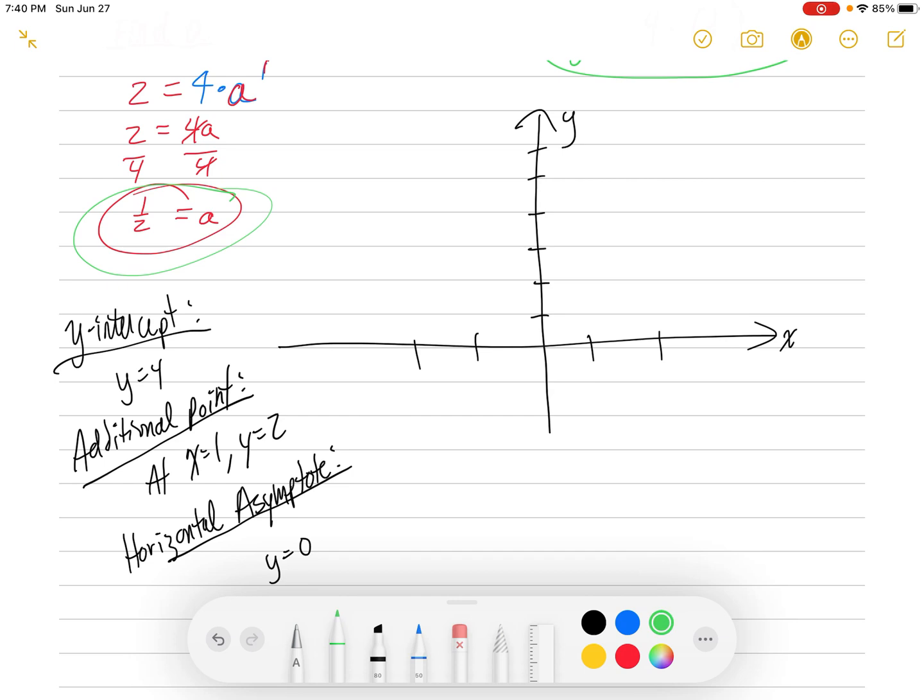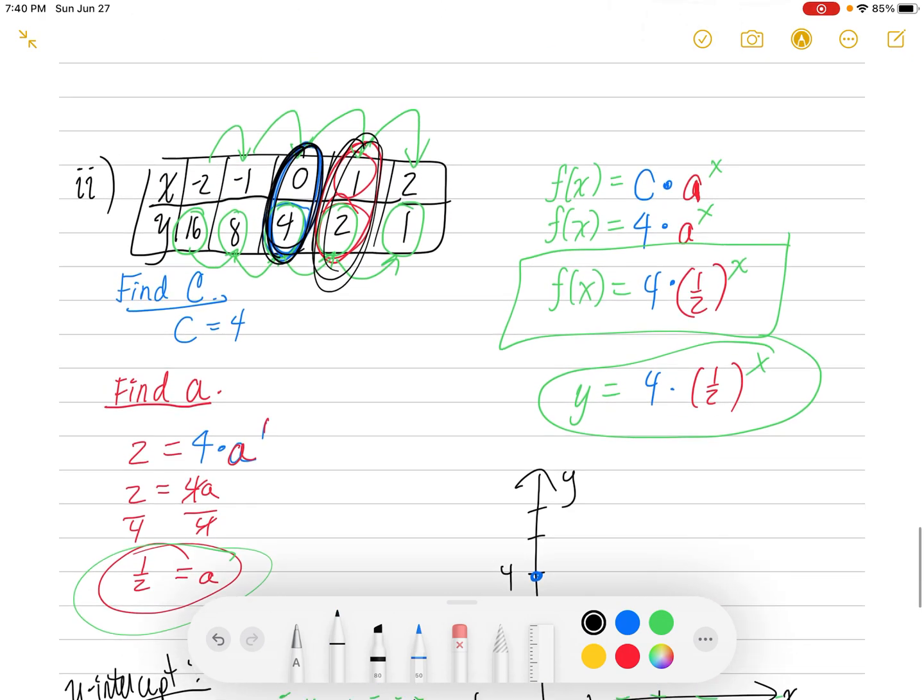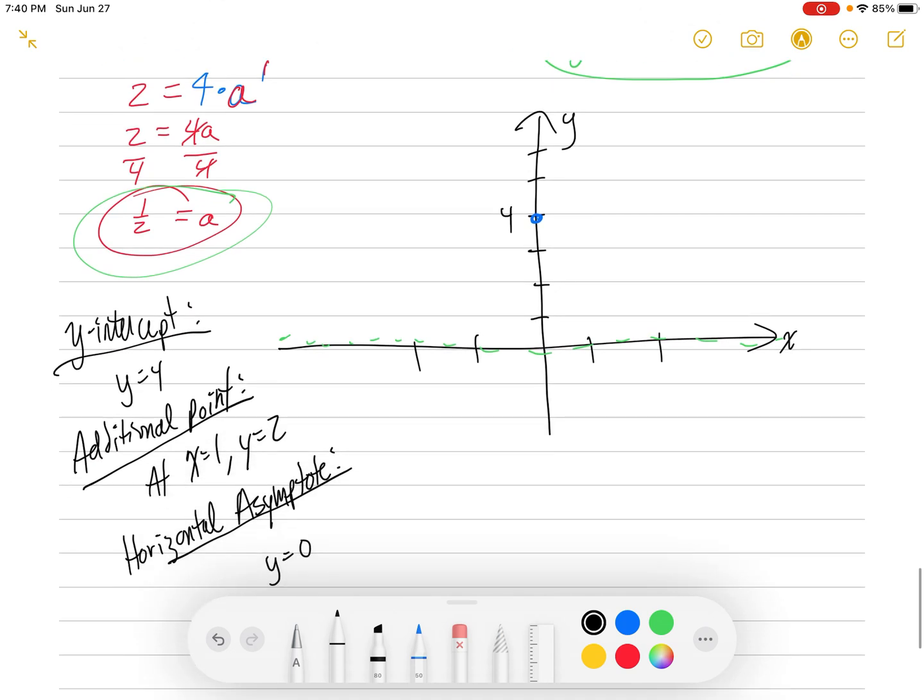We need a horizontal asymptote, which we know there are always horizontal asymptotes at y equals 0 for a standard exponential function. So I'll start off with the horizontal asymptote here at y equals 0. It's just the x-axis. We're going to plot a y-intercept of 4, 1, 2, 3, 4 right there. And then a point of 1, 2.